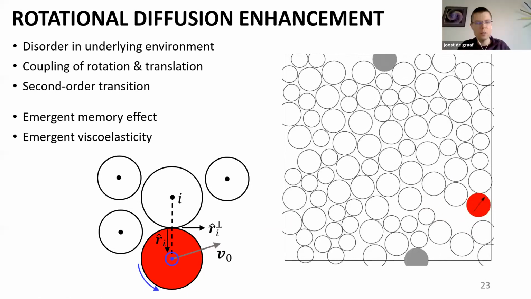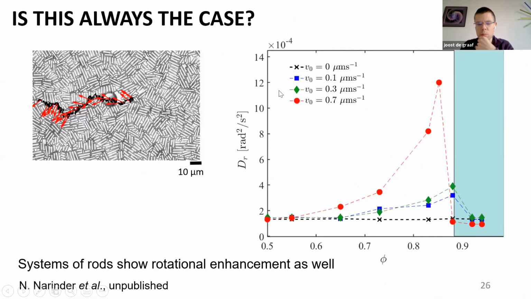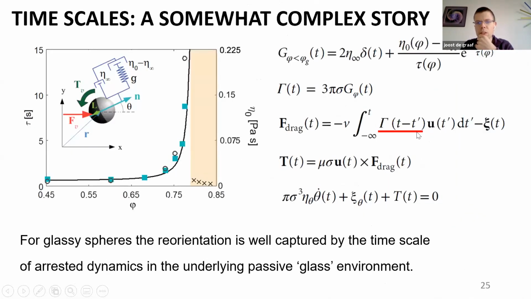Okay, so then I would like to talk a little bit more about the timescales. The first thing I wanted to give a flavor for is that this timescale story is actually rather complicated. So what you do is you take these relaxation time curves that give you this function, then you turn that into a correlation kernel that you convolve the instantaneous active velocity with.